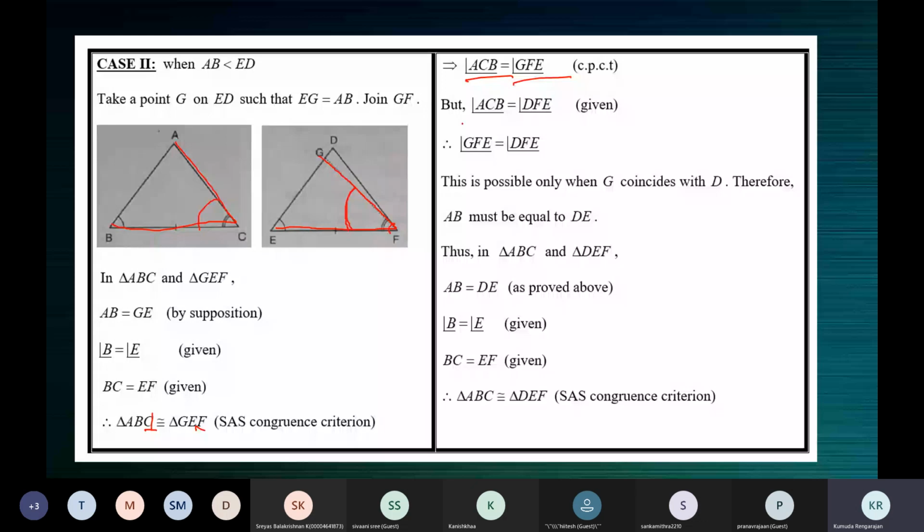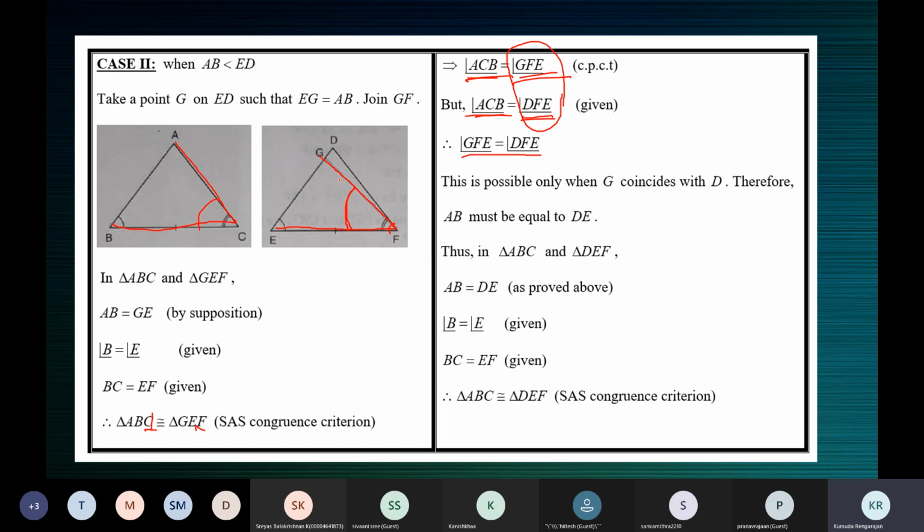But we are given that ACB is equal to DFE. So ACB is equal to GFE, and ACB is equal to DFE. That means from these two, GFE is equal to DFE.